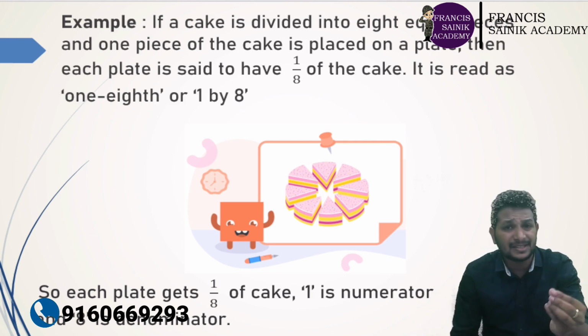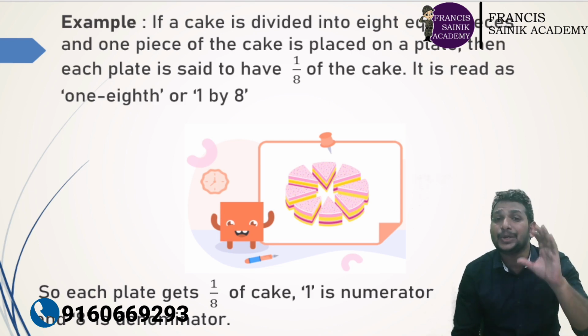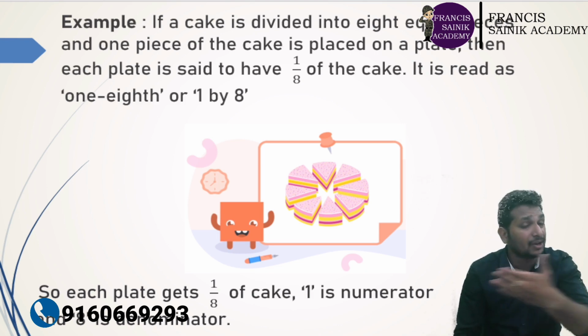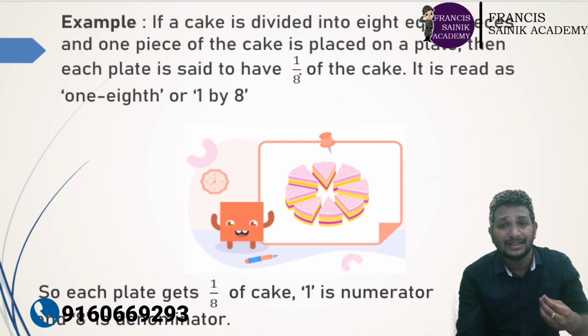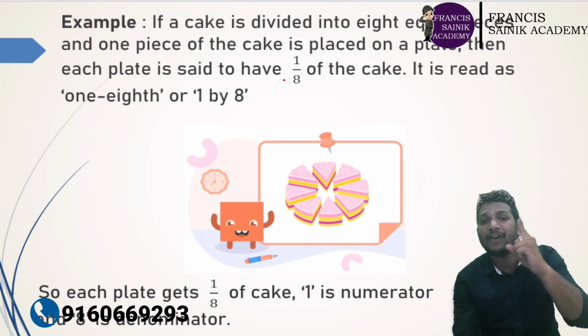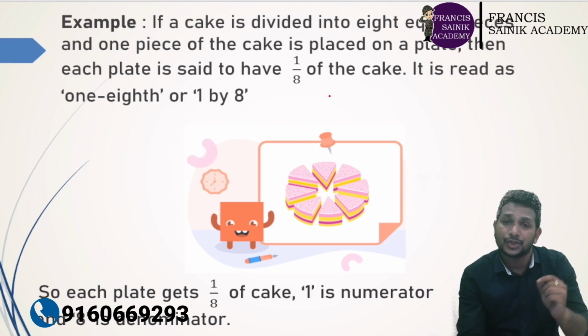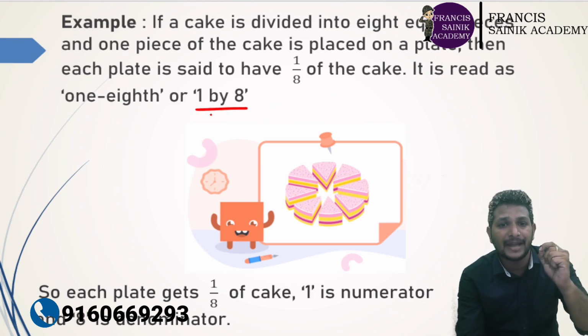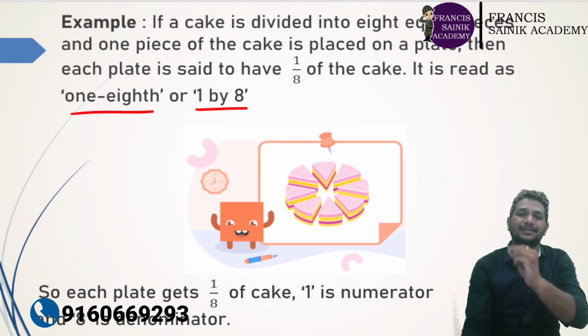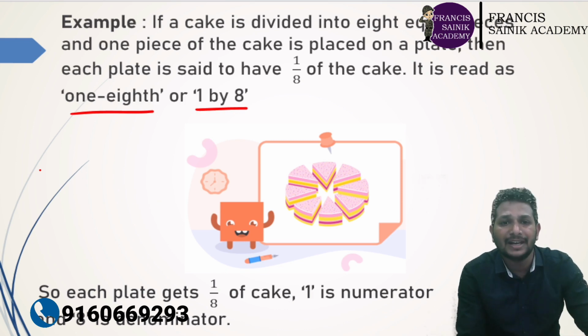So each piece is 1 by 8, because the cake is divided into 8 equal parts, the total parts are always in the denominator, and the piece on each plate is 1. That's why the fraction is 1 by 8 here. We read it as 1 by 8 or 1/8.